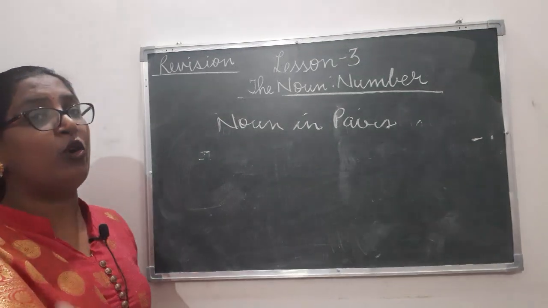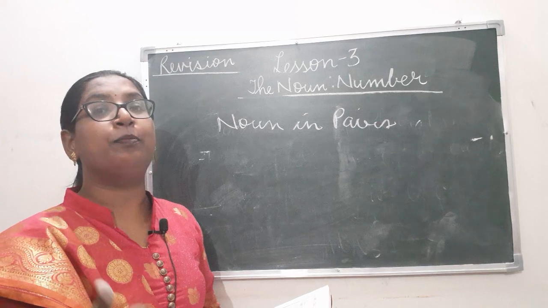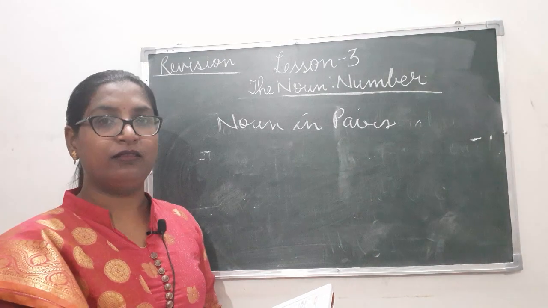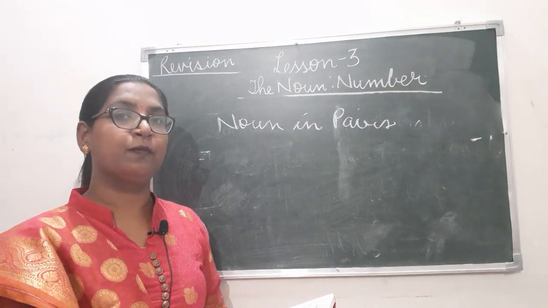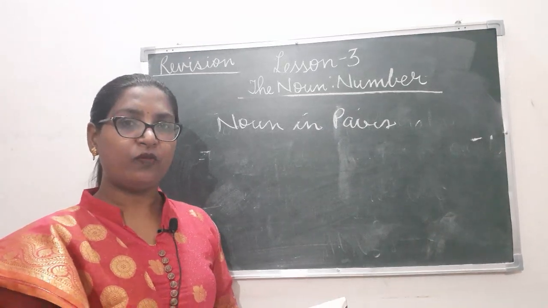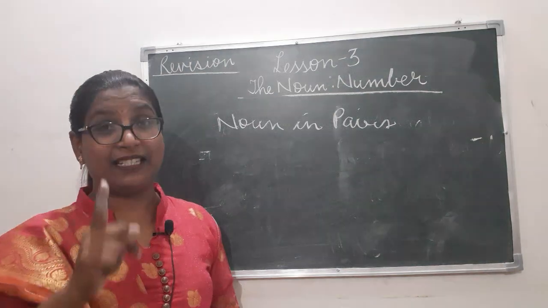These nouns are always in a plural form. Jeans. We don't say jean. Pants. We don't say pant. It is always pants. We don't say trouser. It is always trousers. We don't say spectacle. It is always spectacles.